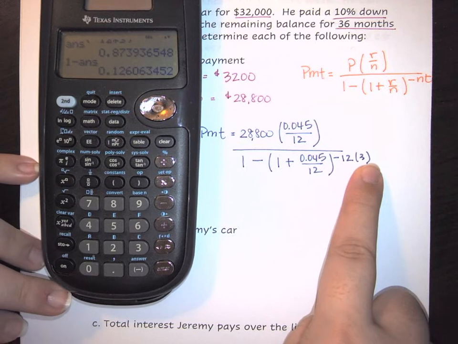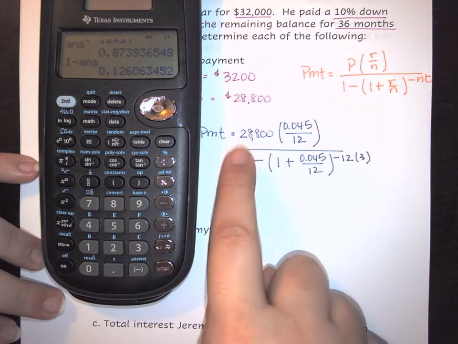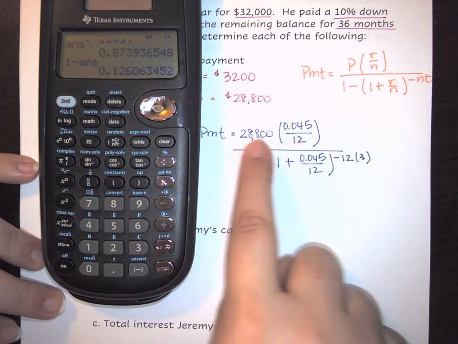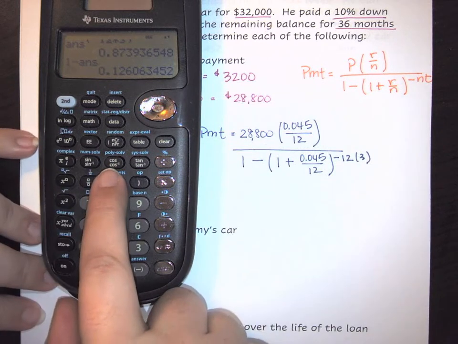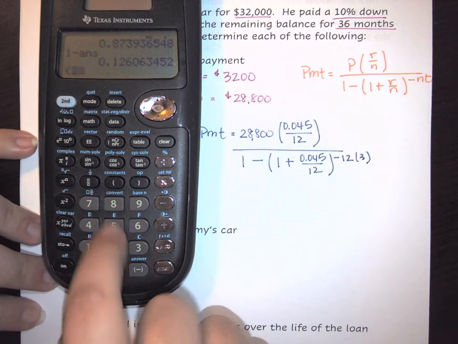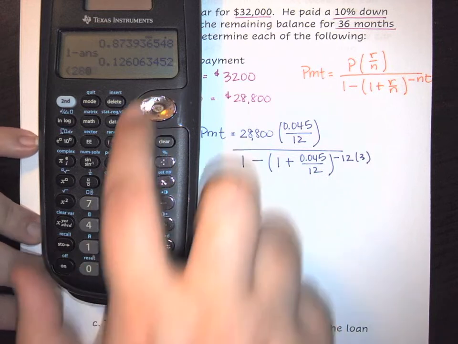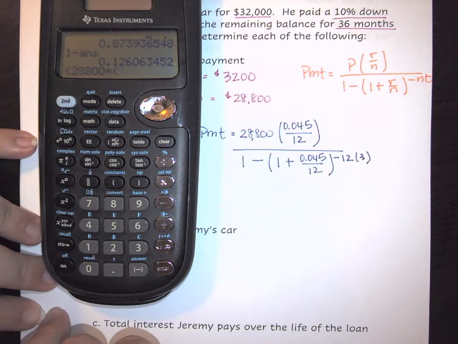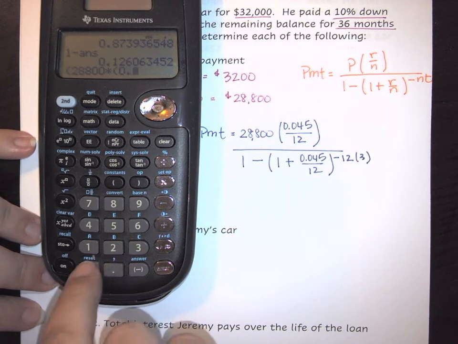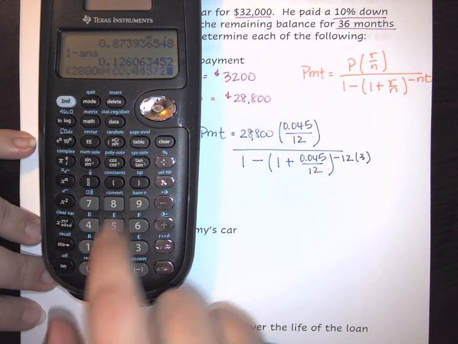Now the way that I'm going to finish out the problem is I have to now run my numerator and still use and save that denominator. So what I'm going to do is I'm going to open a parenthesis. I'm going to do 800. I'm going to multiply that and open another parenthesis, and I have 0.045 divided by 12.